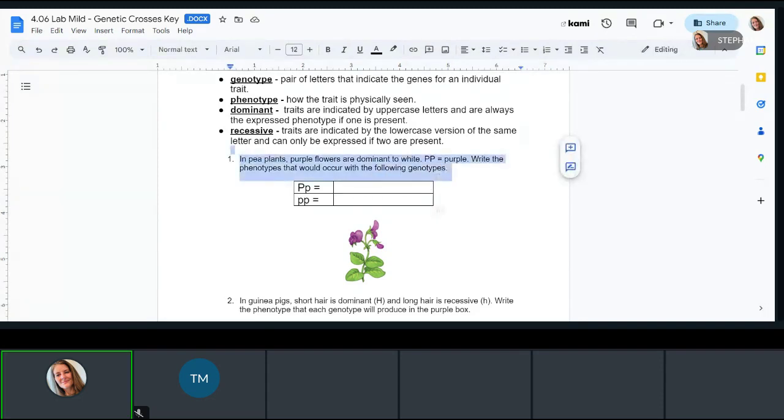So the first question in this lab is, in pea plants, purple flowers are dominant to white flowers. So big P equals purple. Write the phenotypes that would occur with the following genotypes. So if a plant had the gene big P, little p, what color would the flower be?